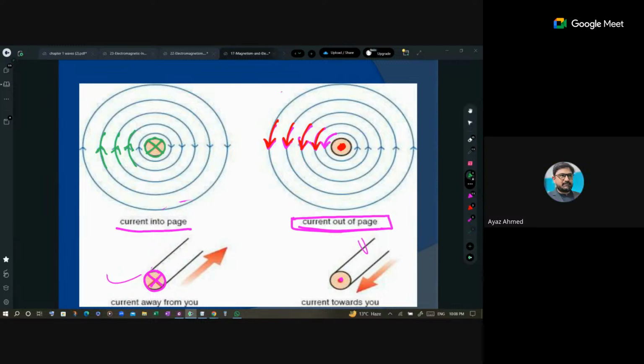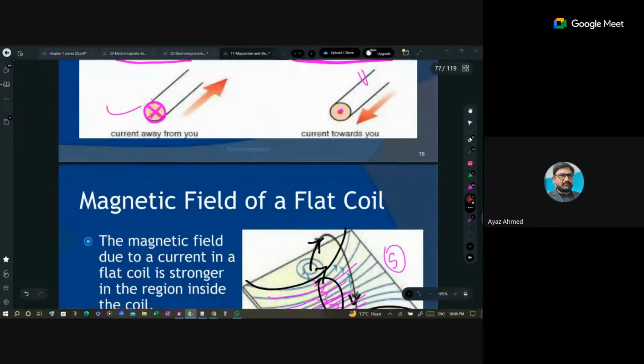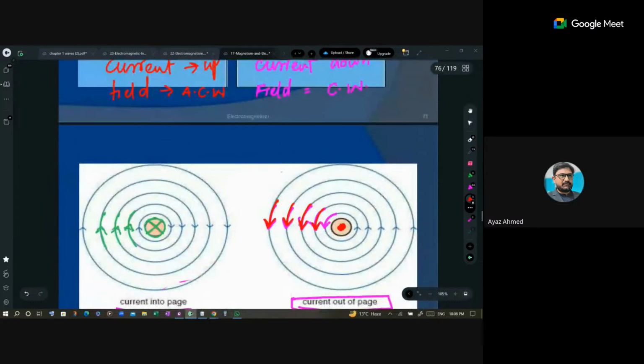So just a conclusion here. The conclusion is, I have to write over here that into, meaning cross, is clockwise.